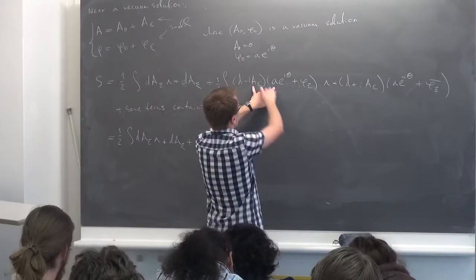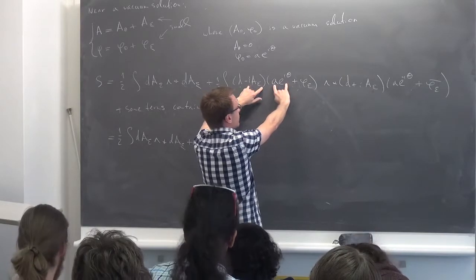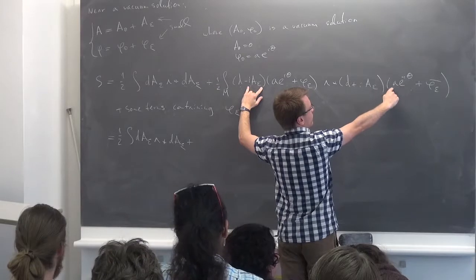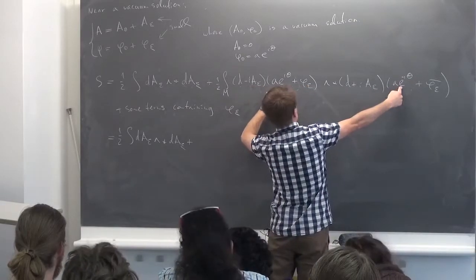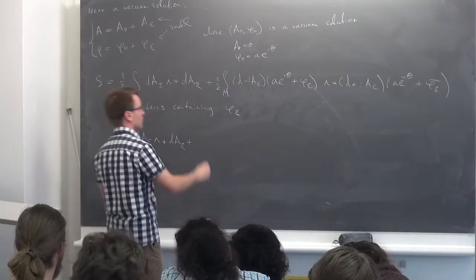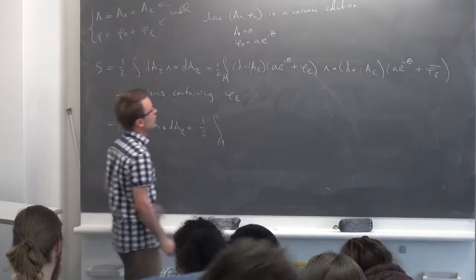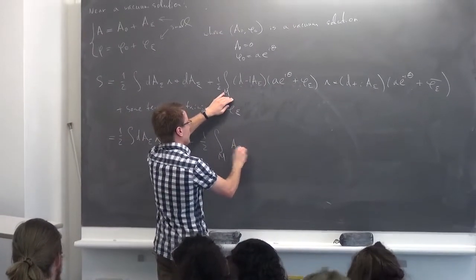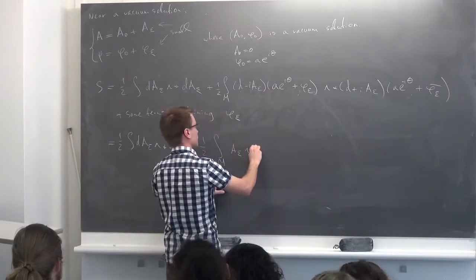It's going to have A epsilon acting on this A times e to the i theta. And then there's another A epsilon acting on A e to the minus i theta. So the e to the i theta and e to the minus i theta cancel each other. So what you get is A epsilon wedge star A epsilon.